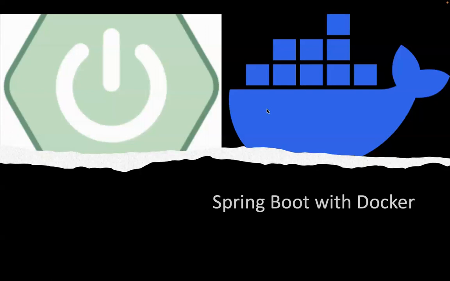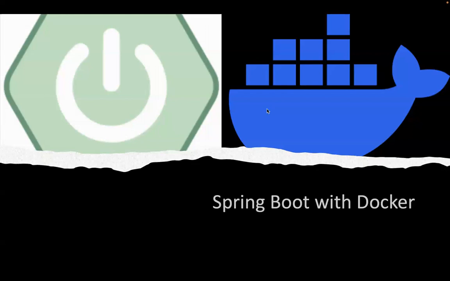Now there are two things generally people talk about: one is the Docker image and the other is a Docker container. What is the difference between an image and a container? As a developer, we are going to create a Dockerfile. Once we create a Dockerfile, during the CI/CD process, or even on our local, we create something called an image.